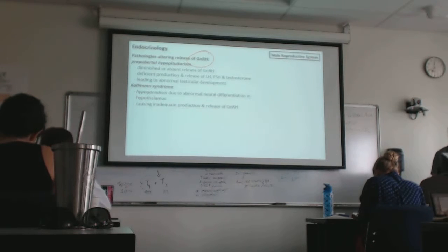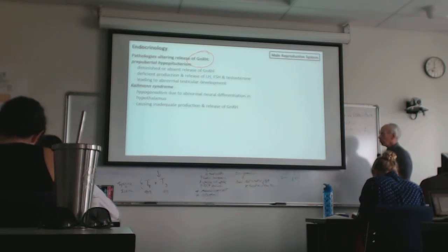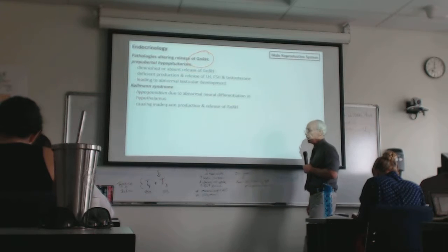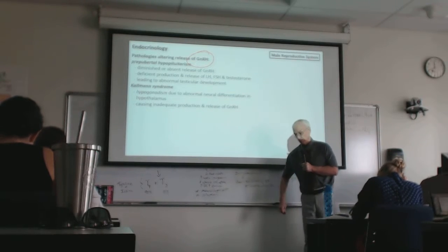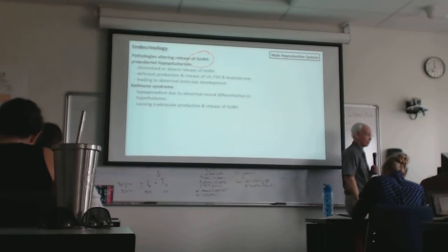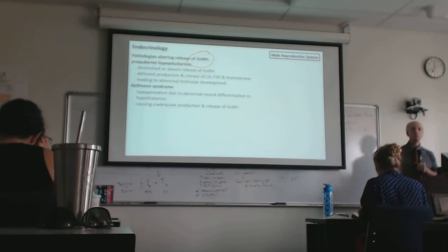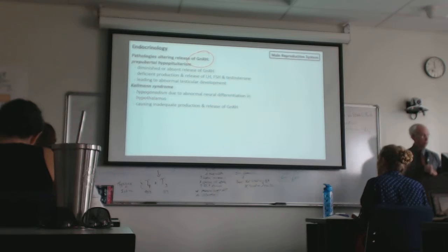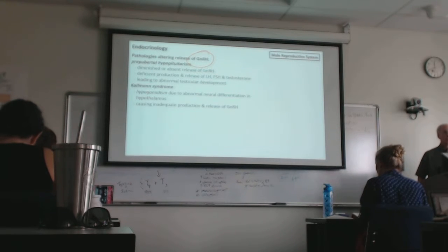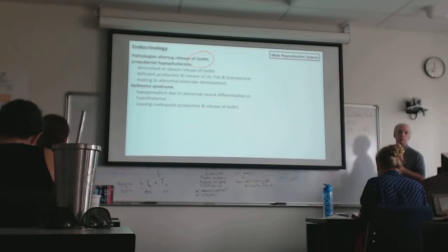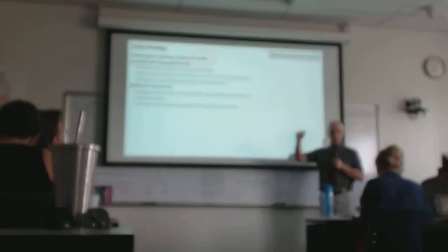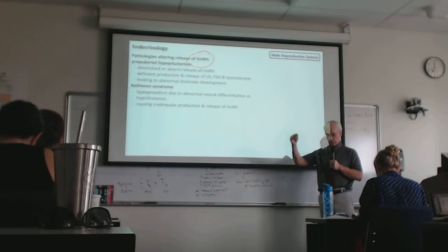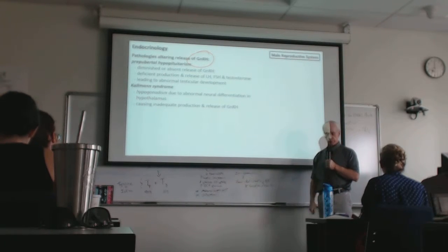So with respect to the hypothalamic hormones, just be aware that deficiency of hypothalamic hormone can result in usually hypogonadism. What do I mean by hypogonadism? The term hypogonadism just implies that the gonads did not develop.